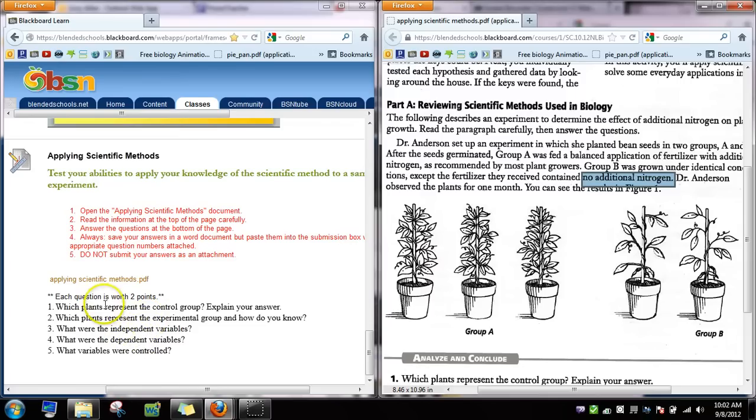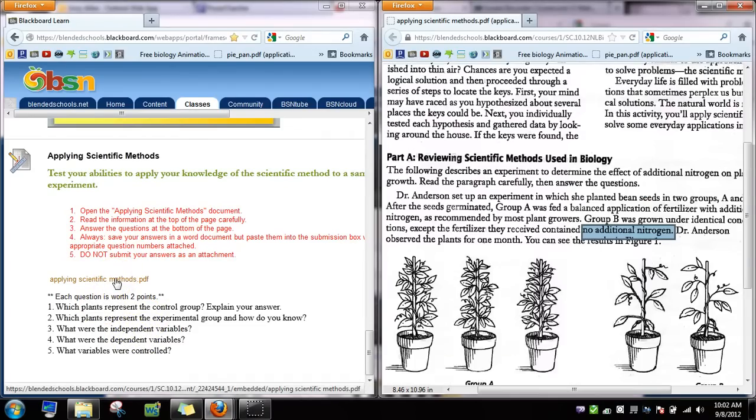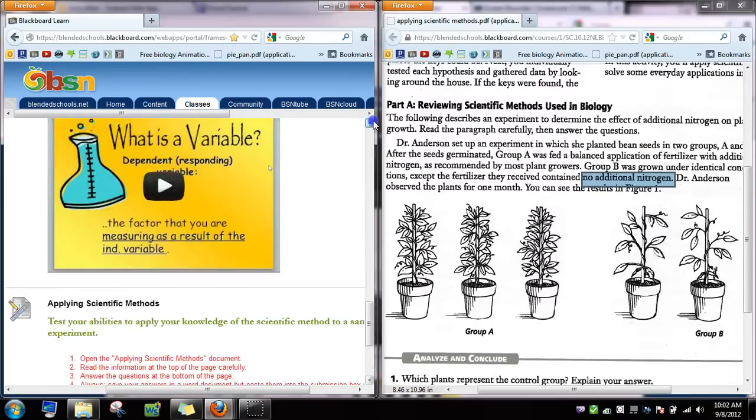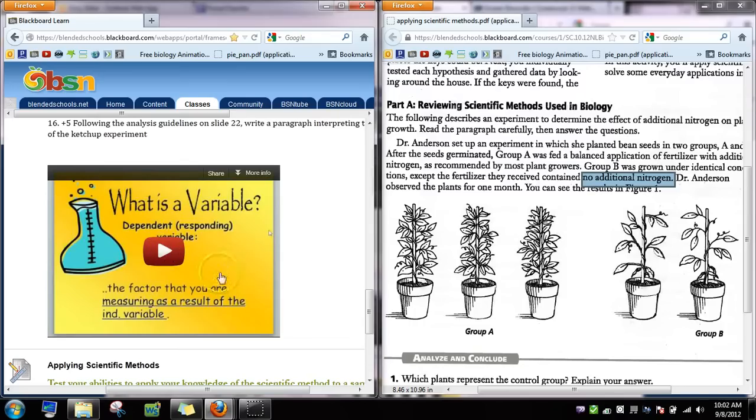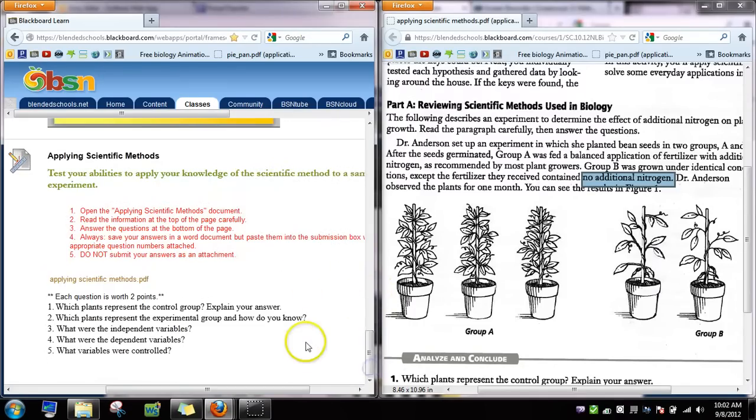So what I'm asking you to do is think about the scientific method. Think about what you learned over here in this presentation. Think about what you learned about independent variables, dependent variables, controls, and then apply that to this plant experiment. Think about which plants represent the control group.